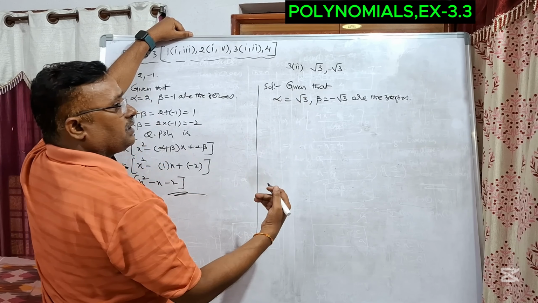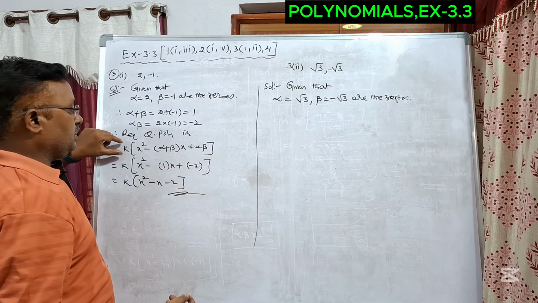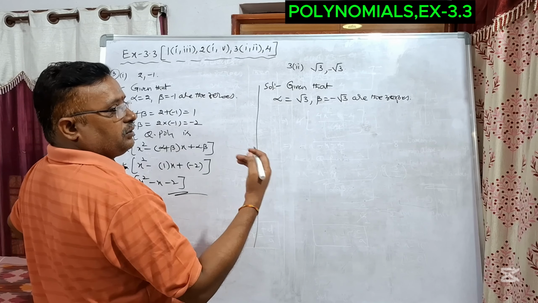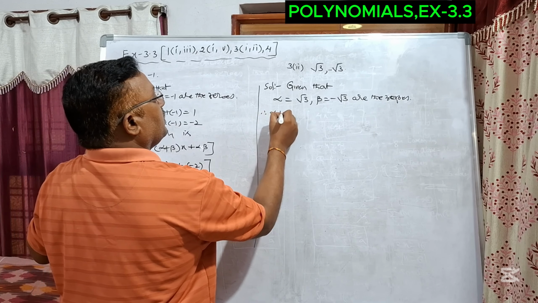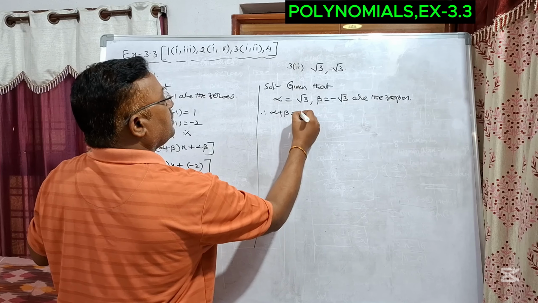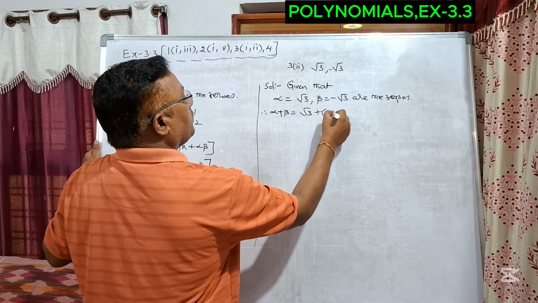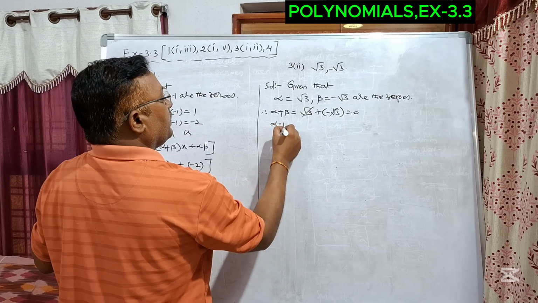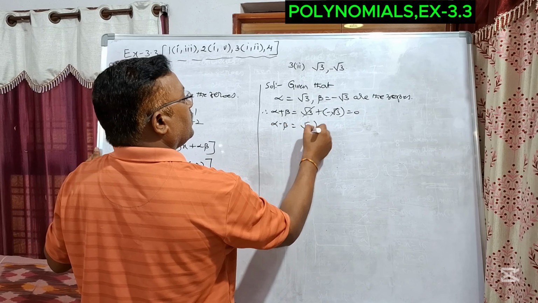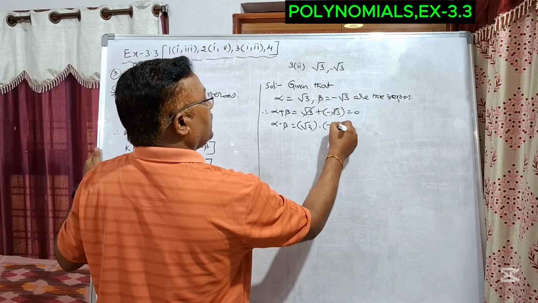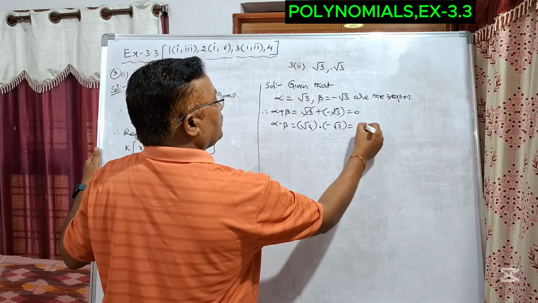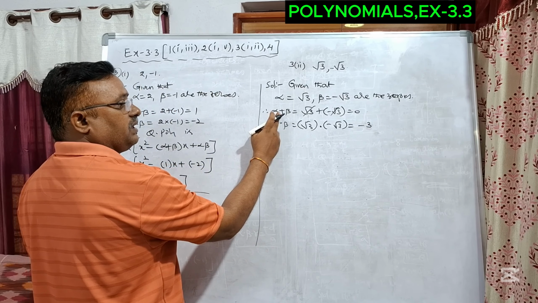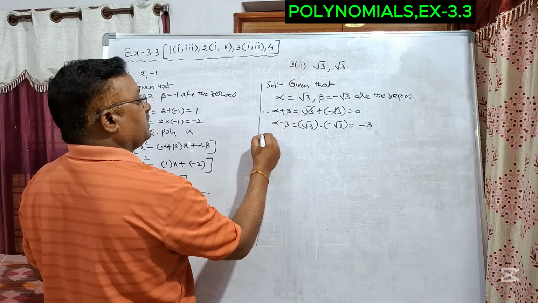To find the quadratic polynomial, since I want to use this formula, I need to calculate alpha plus beta and alpha into beta first. Therefore, alpha plus beta is equal to root 3 plus minus root 3. They get cancelled, the answer is 0. Alpha into beta is equal to root 3 into minus root 3, that equals minus root 3 into root 3, which is minus 3. So the sum of the zeros and the product of the zeros we have calculated.